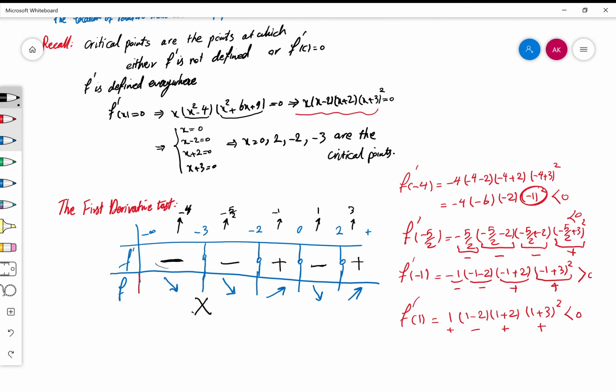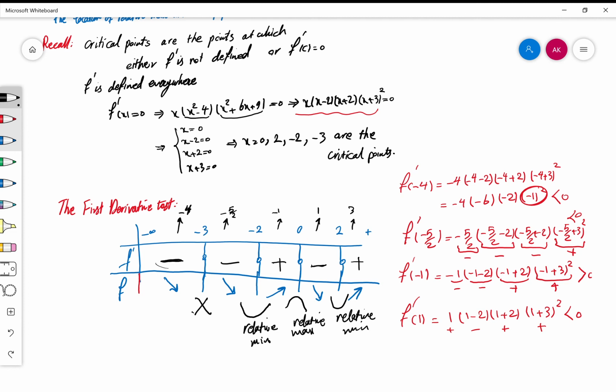But this one is first decreasing, then increasing. So this is a relative min. This is increasing, then decreasing, a relative max. And this is decreasing, then increasing. This is a relative min.